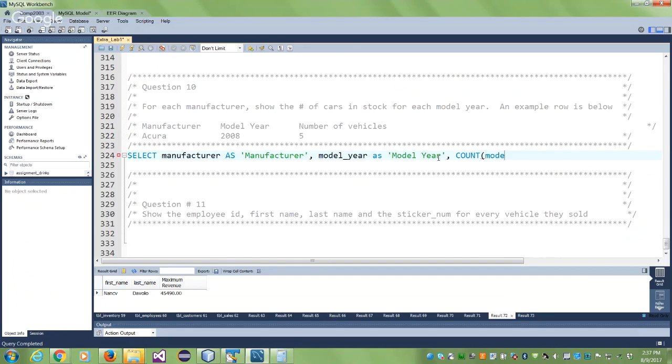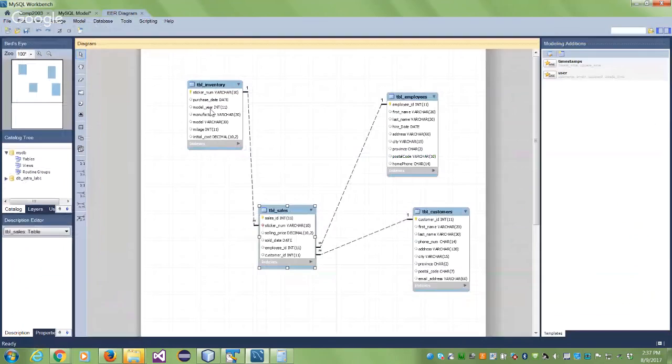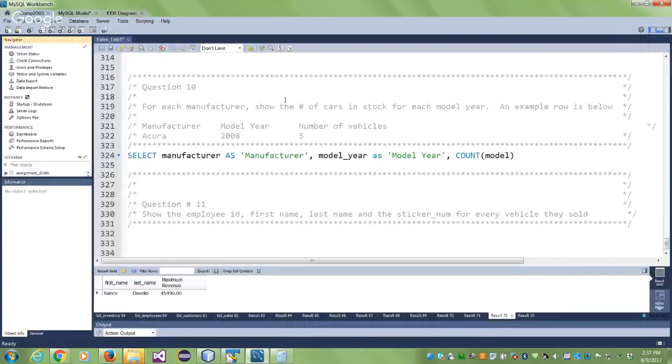Count the model. Yep, we are going the right way. So show me the manufacturer, show me the model year, show me the count.